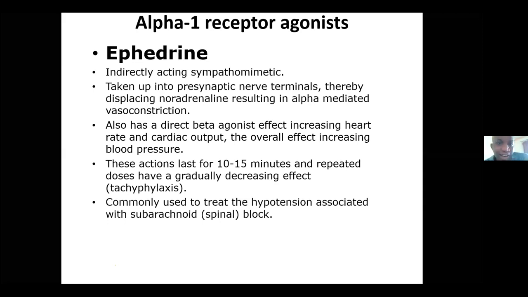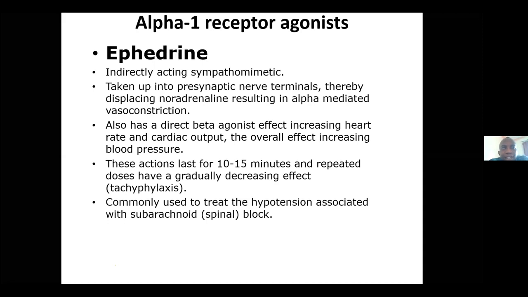Now, ephedrine works on the alpha-1 receptor predominantly. Okay, but it does not work directly. It's indirect acting. When we say indirect acting, it means that it is using someone else to act.